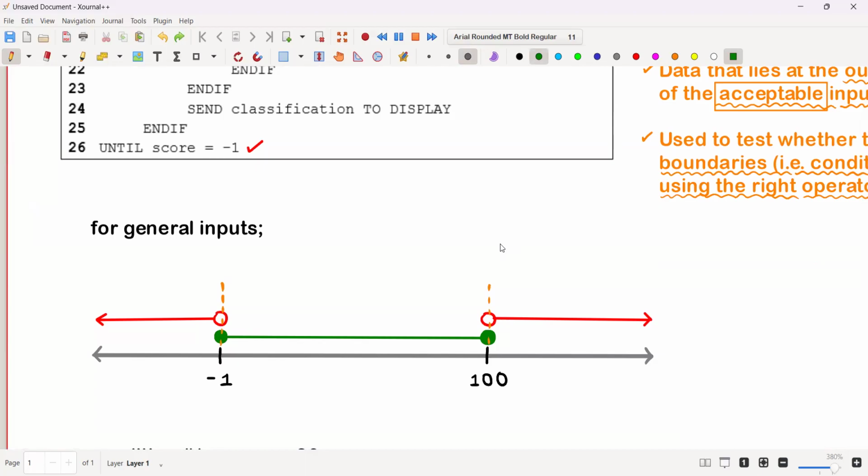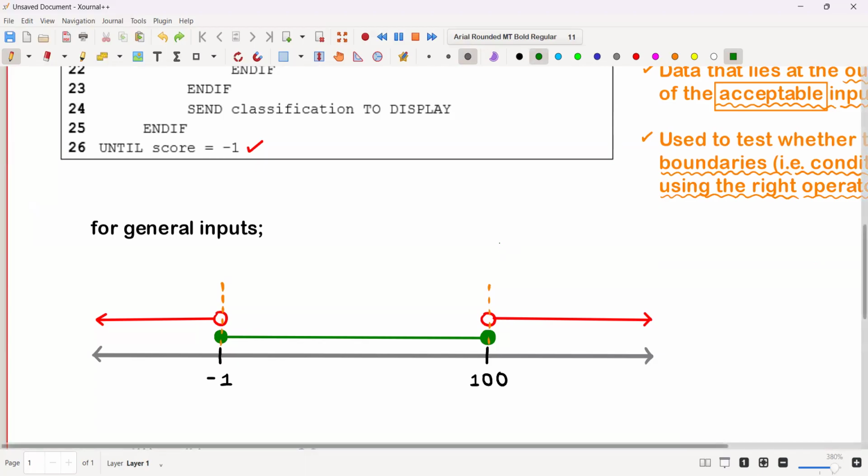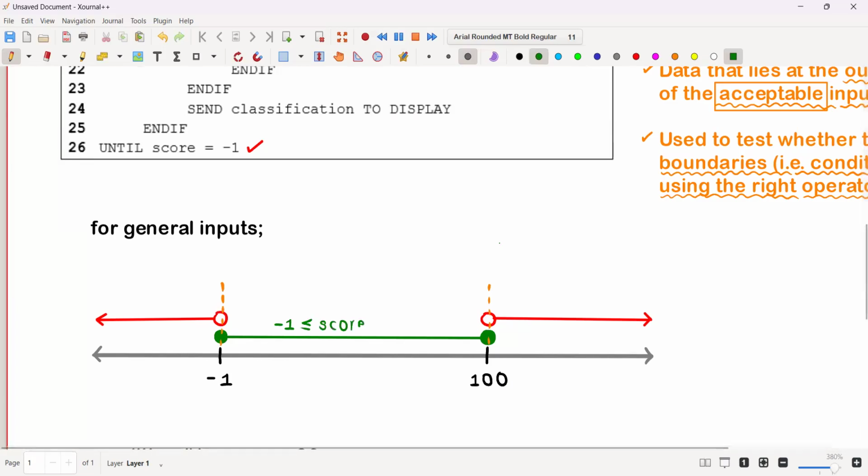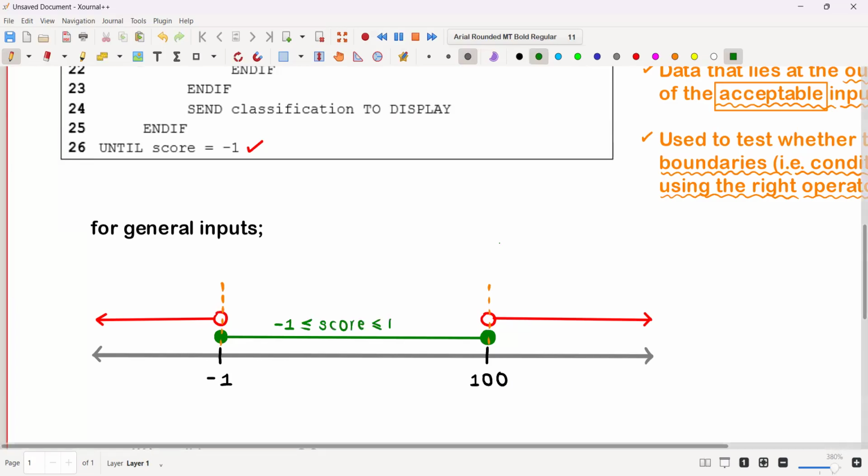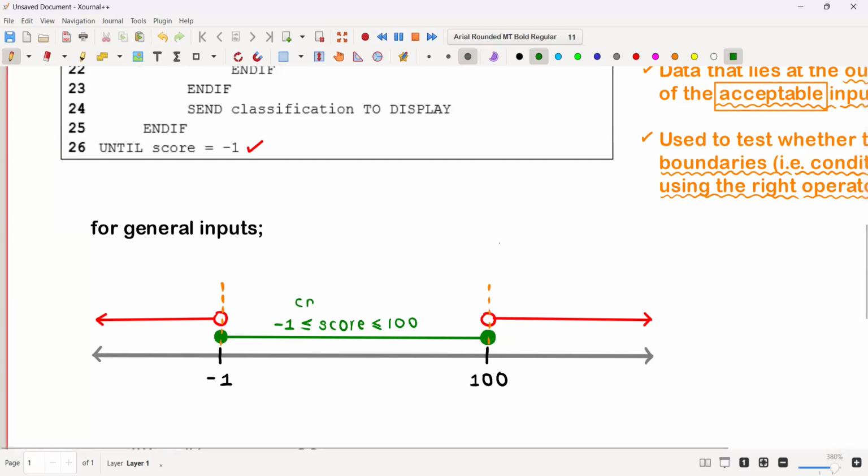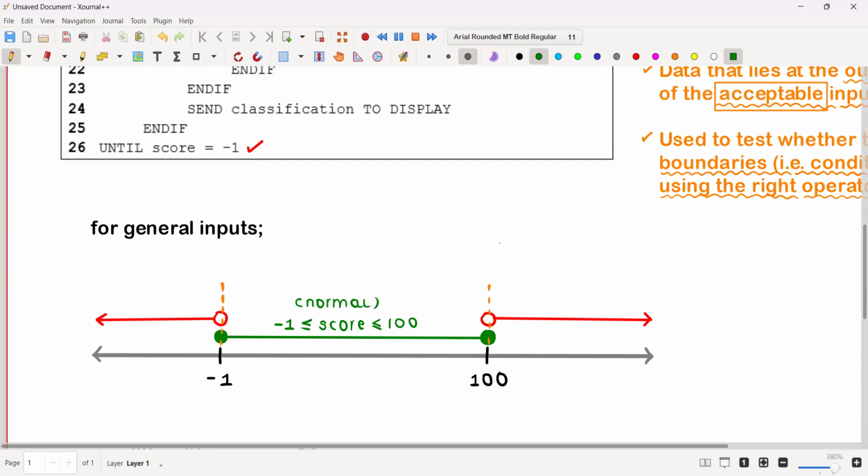So this entire range, where the score is greater than or equal to -1 and less than or equal to 100, is the normal range. There you go, this is the normal range of inputs.